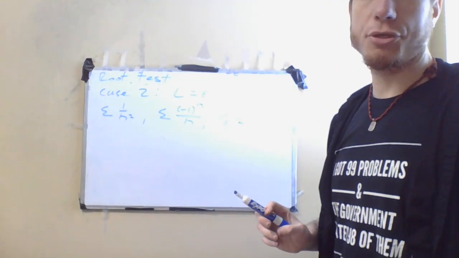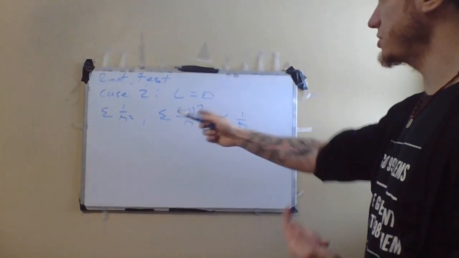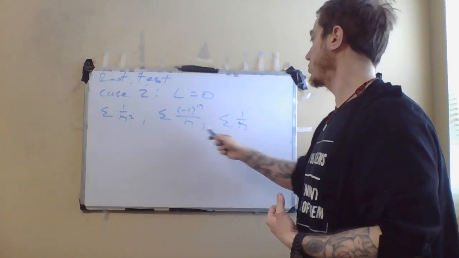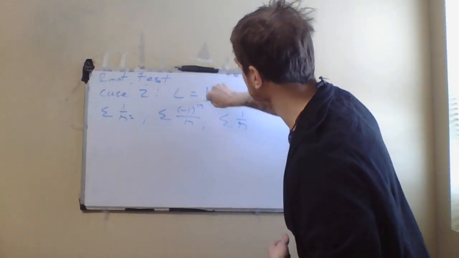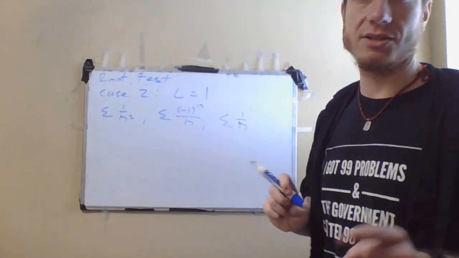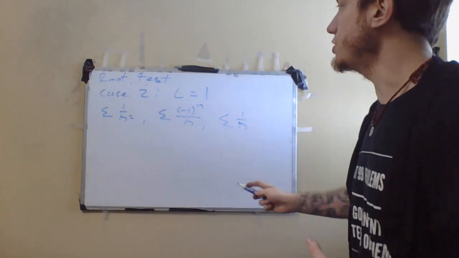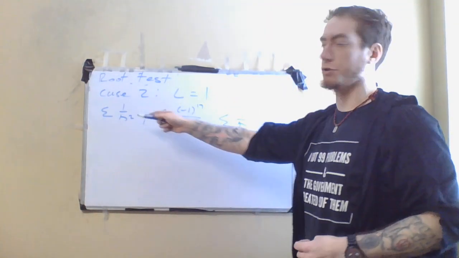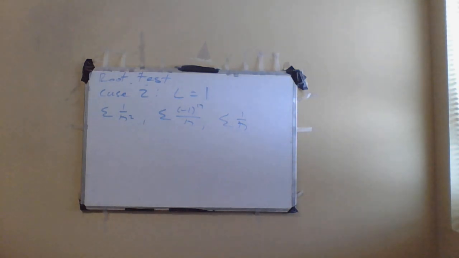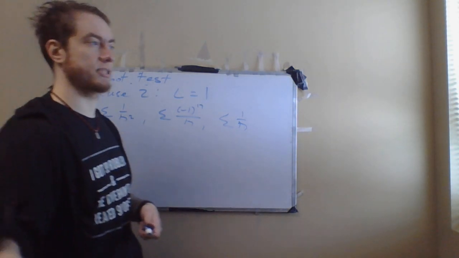And we get all 3 possibilities: absolute convergence, conditional convergence, and divergence. Why did I say L equals 0? I'm so sorry. L equals 1 is case 2. So the only tricky part here maybe is to show that this L really is equal to 1 for each of these series. I will leave that to you as a little bit of an exercise to do yourselves.